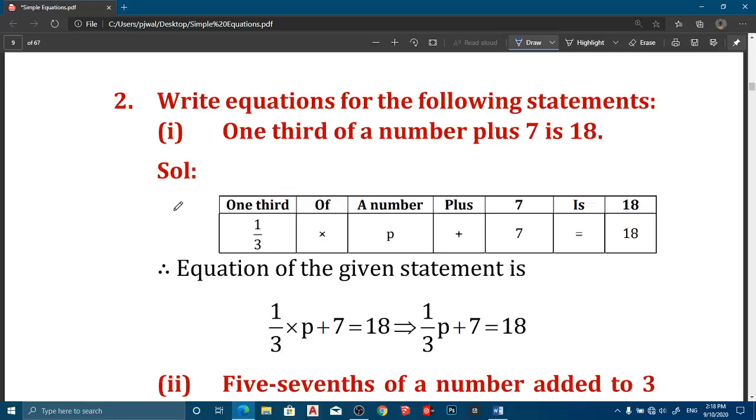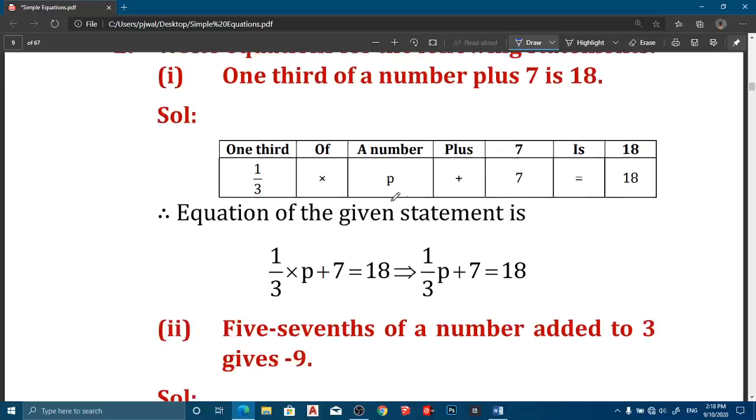To understand, I am writing it in the form of a table by separating them into some words. 1/3 of a number plus 7 is 18. Now we have to convert them one by one into numbers. 1/3 means 1 by 3.